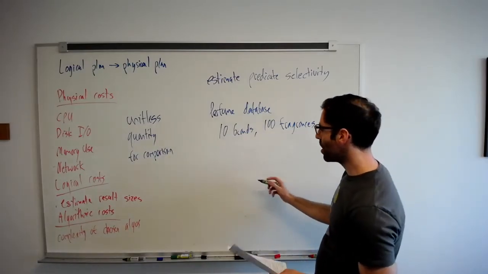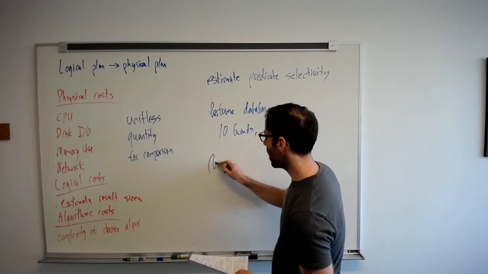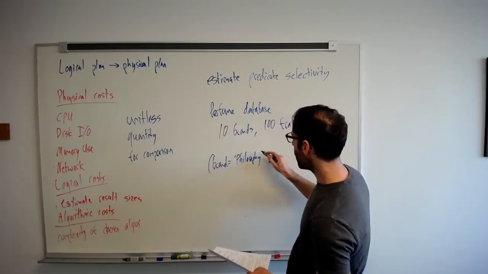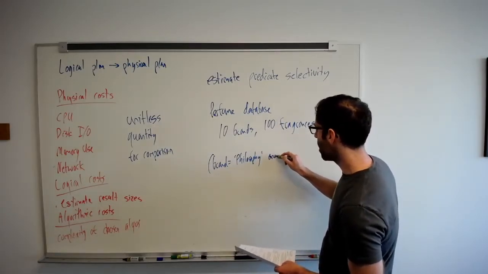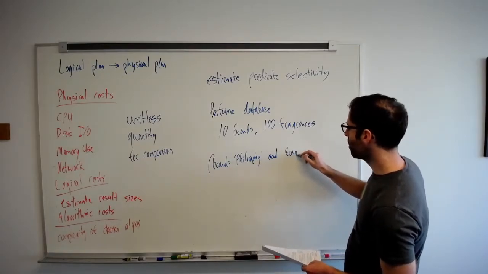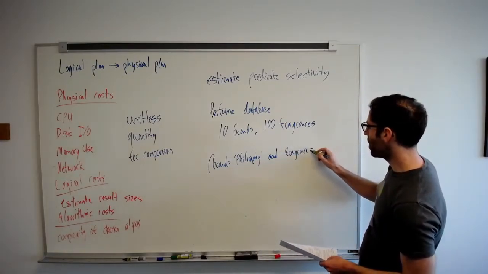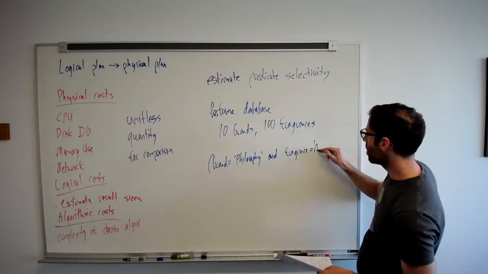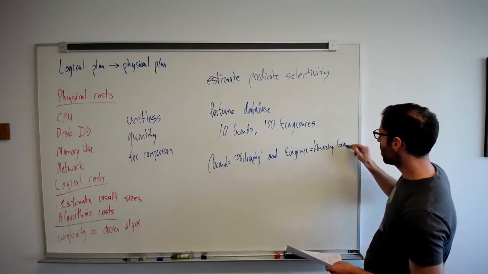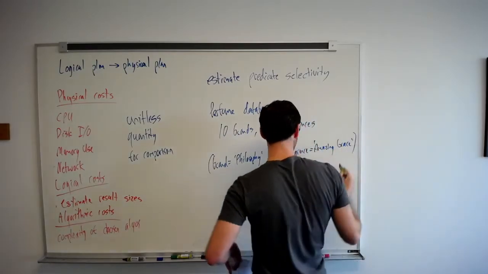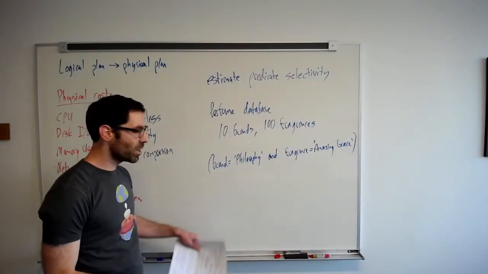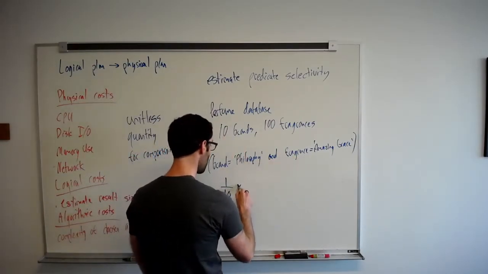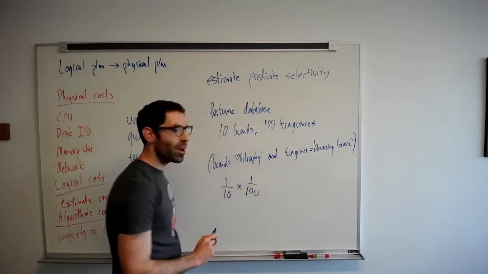And we had some predicate where we wanted to say the brand is philosophy, and the fragrance is Amazing Grace, well, one approach might be to say, all right, we're doing 1 out of 10 brands and 1 out of 100 fragrances.